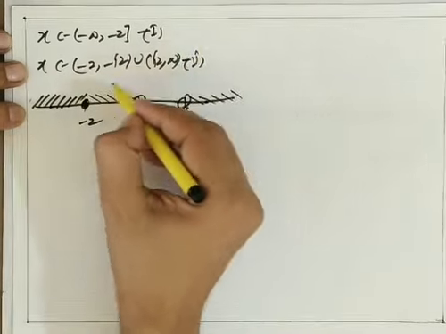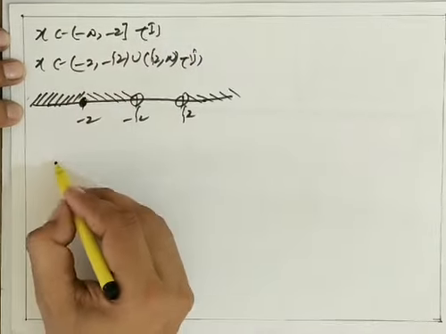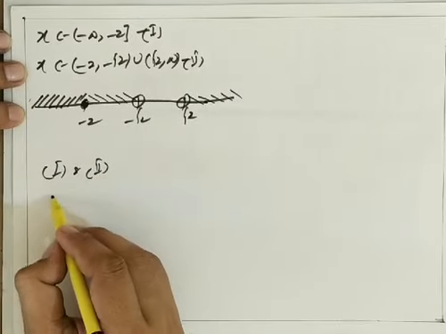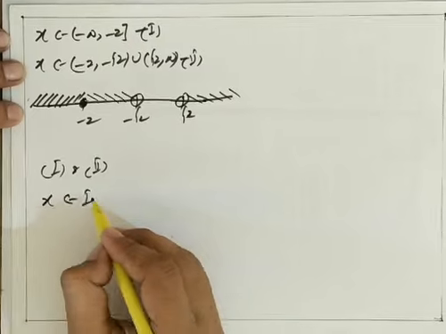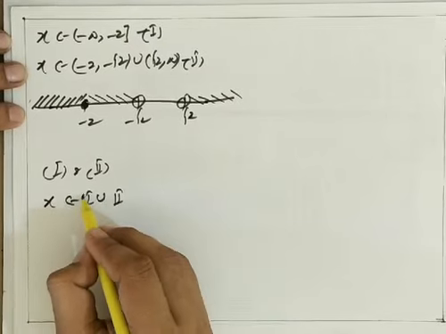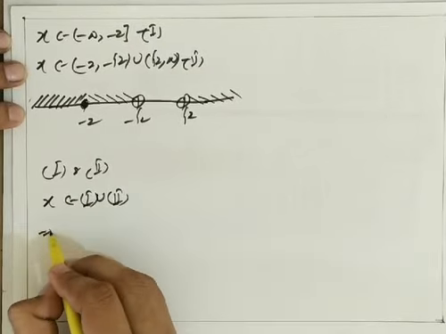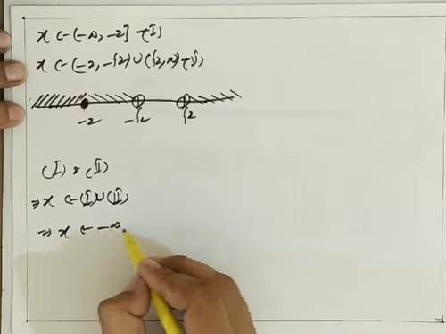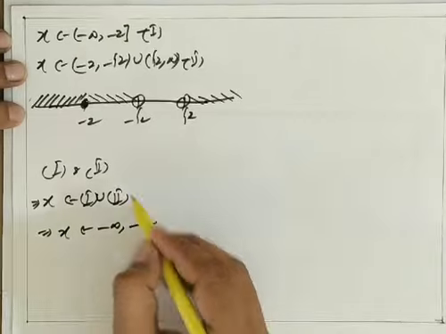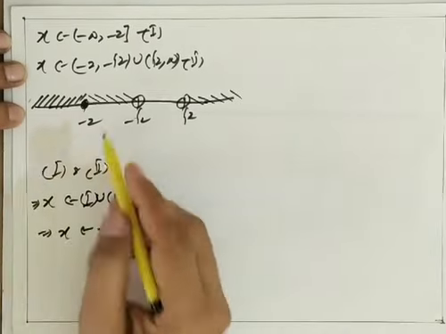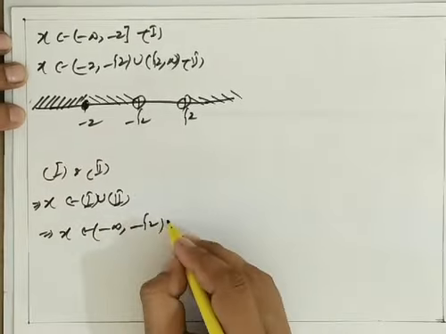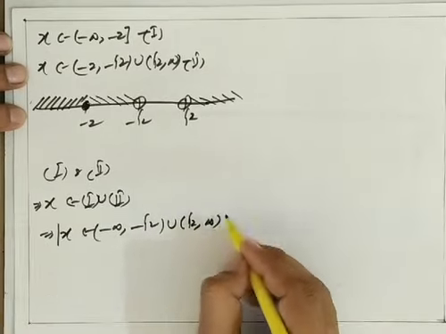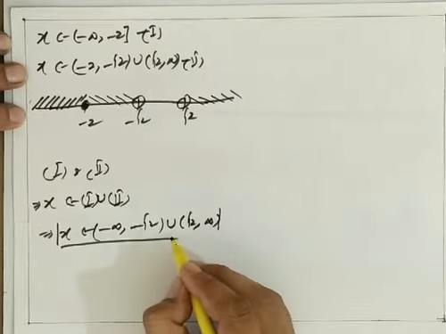Now since it is either-or case, first or second, the answer will be x belongs to first union second. So that is x belongs to (-infinity, -root 2), because here this is the full interval, union (root 2, infinity). This will be the final answer of this inequality.